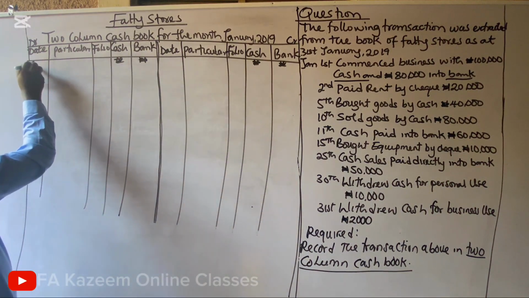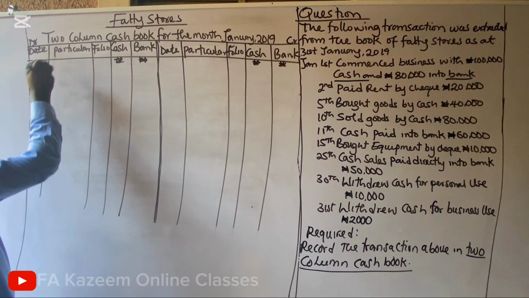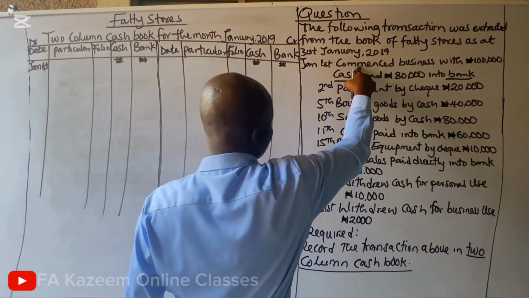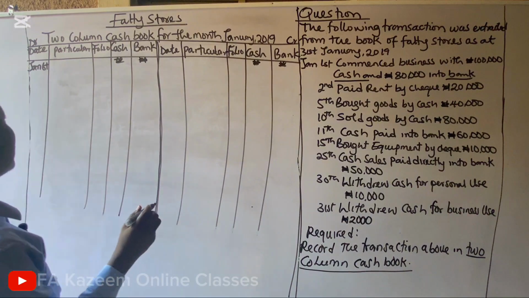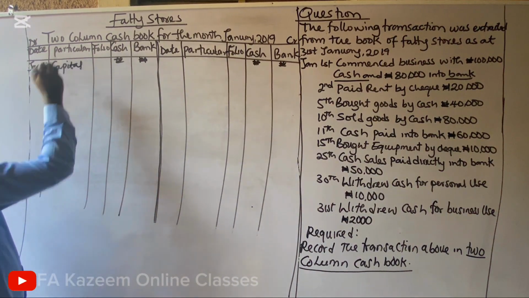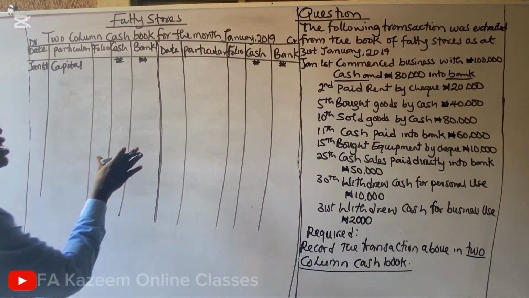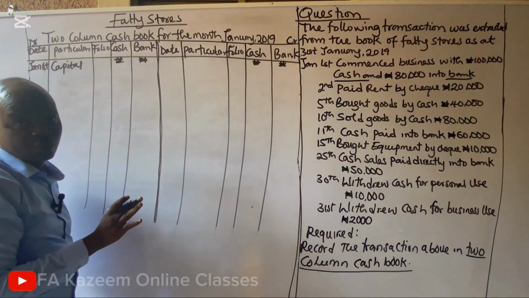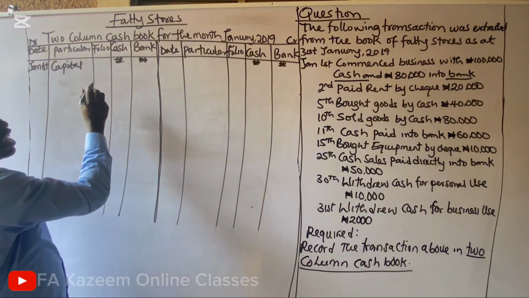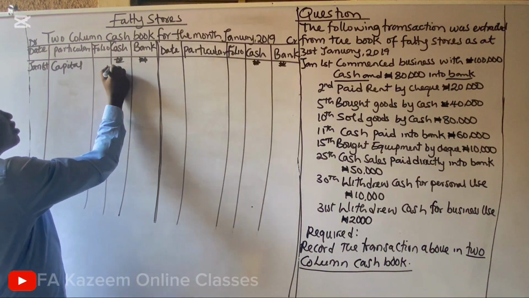We'll come here, January 1st. What caused this inflow is commencement, and the particulars here will be capital. When they commenced this business for Party Store, the owner of the business puts into the business cash of 100,000.